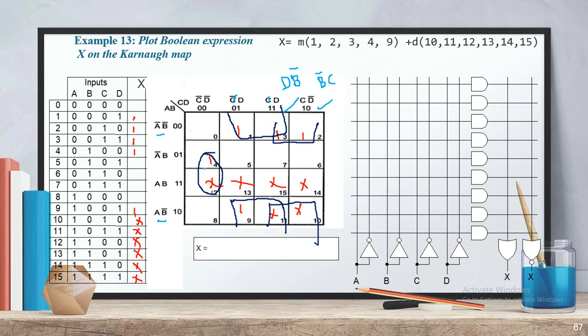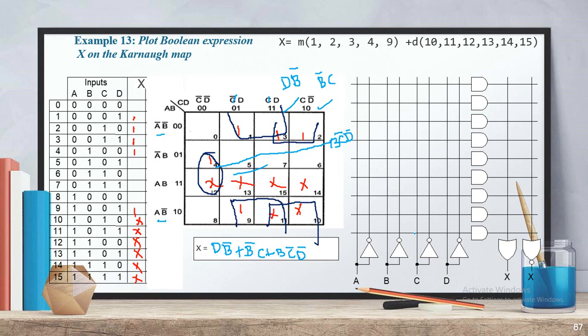One more group you have, that is two numbers, in this portion A bar and A get cancelled so we will get B, and then the full column, only one column selected, so C bar D bar. The final equation you will get is D B bar plus B bar C plus B C bar D bar.